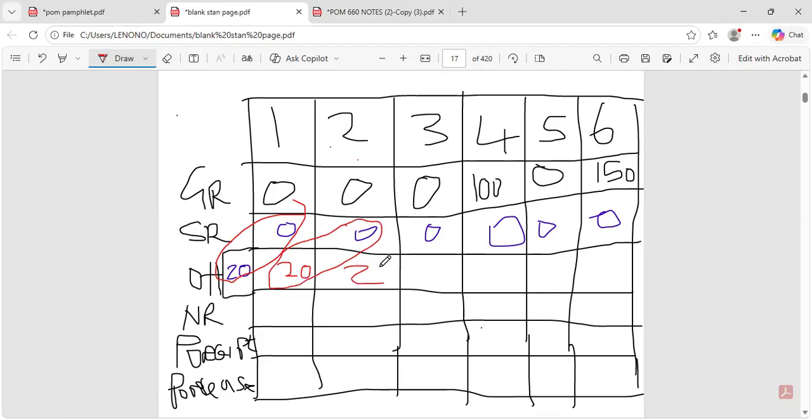It is still 20. Then 20 plus 0 minus 100. What are we going to have? Minus 80. So it's a minus.